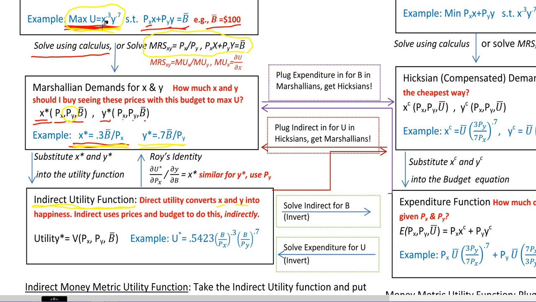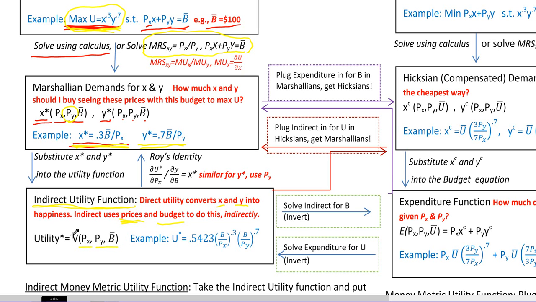An indirect utility function is a function that uses the prices and the budget to tell us how much utility you're going to get. This is sort of an indirect route, because we don't get utility from prices and a budget, we get utility from goods, the x and the y that we're talking about. So an indirect utility function is a function of the price of x, the price of y, and the budget in general.